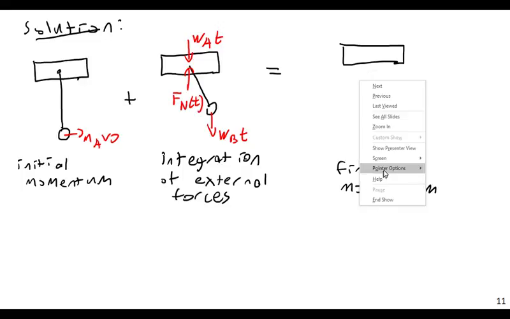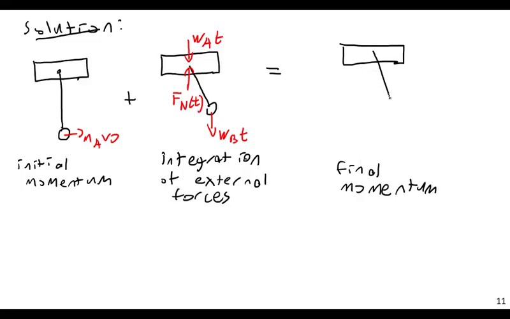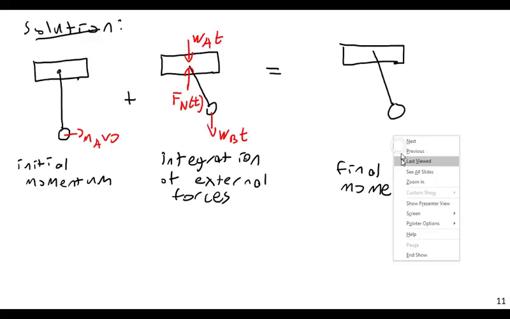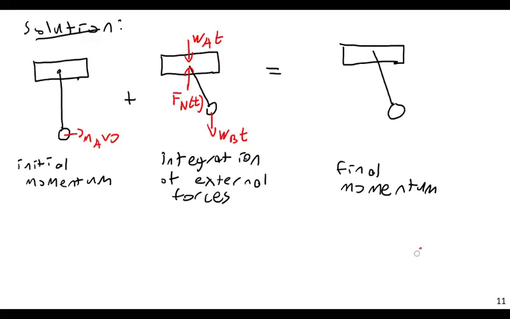If I then draw this out, well, what do we have? This thing will be moving something like this. And this is MB times VB. Actually, let's probably say MB, sorry about that. MB VB. I believe, yes.